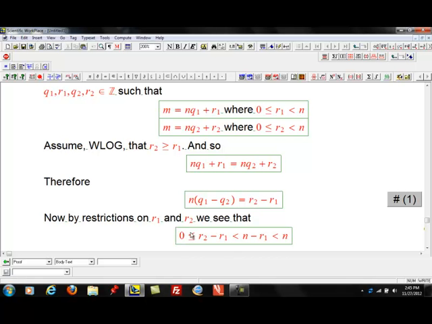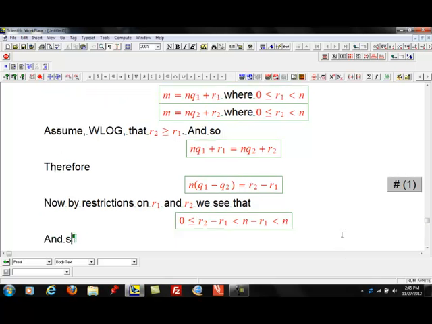So what does that tell us then? We see from equation 1, I'll just put it in parentheses, that R2 minus R1 has to be equal to what?